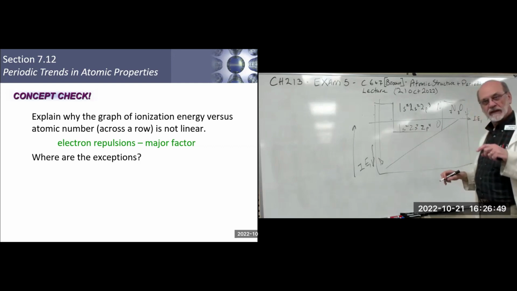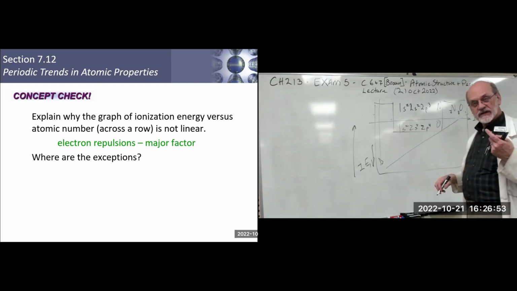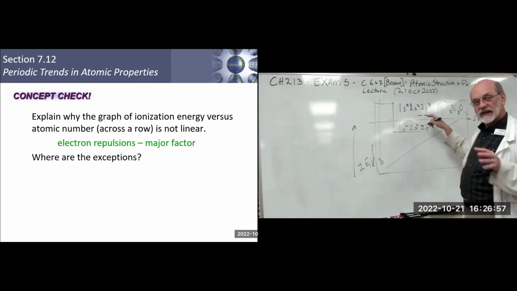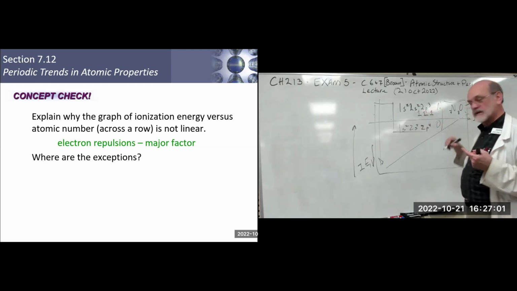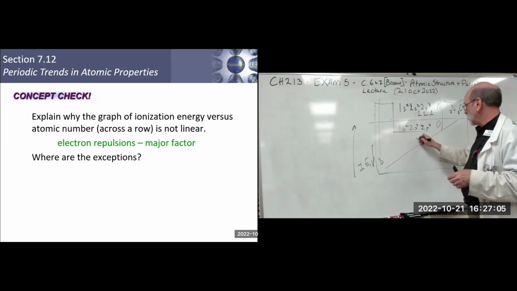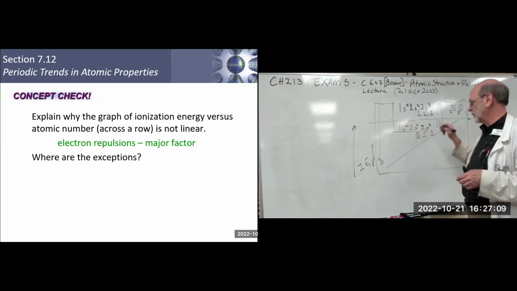Okay? So which electrons are being kicked off with that first ionization energy? Well, look at this. Hund's rule: 1, 2, 3. They're all unpaired. Whereas oxygen has 4.